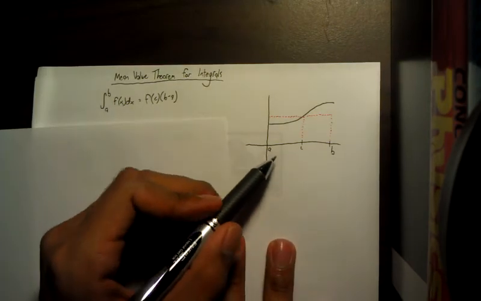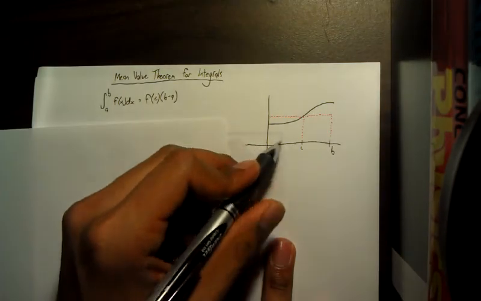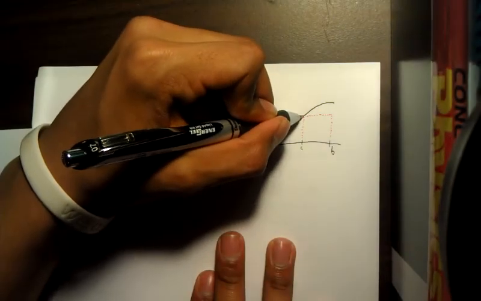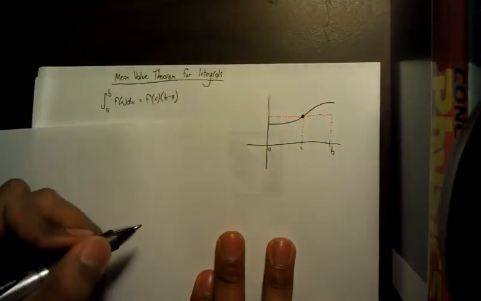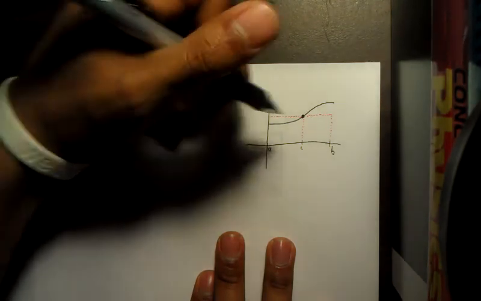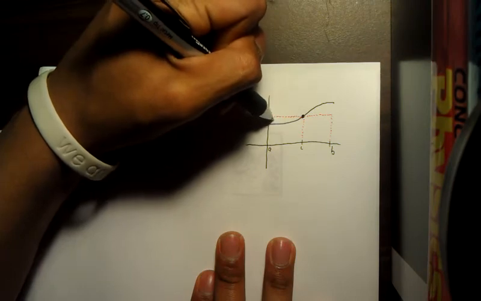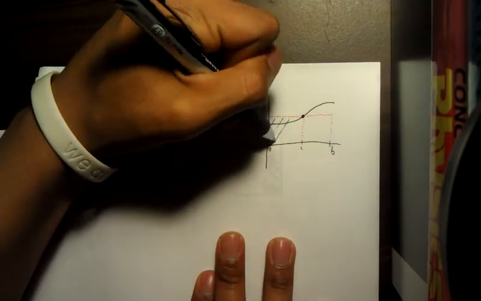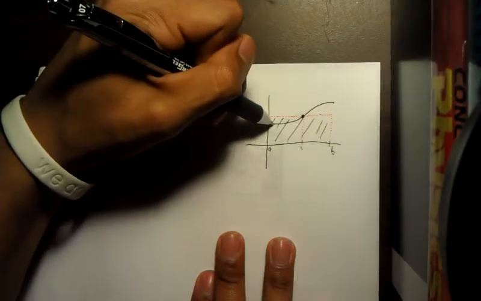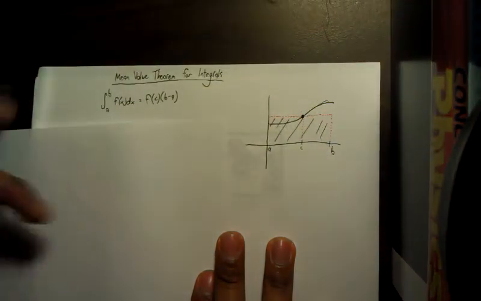What it's saying is that at some point c within the interval a to b, there's going to be a value such that the rectangle created at that point would equal the actual area under the entire curve within the interval.